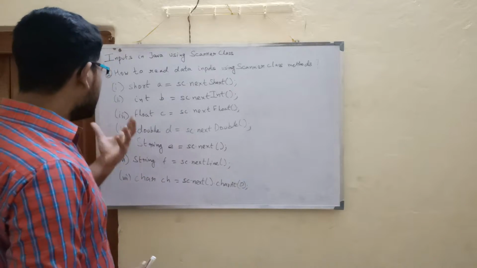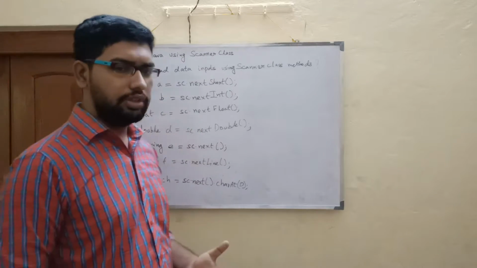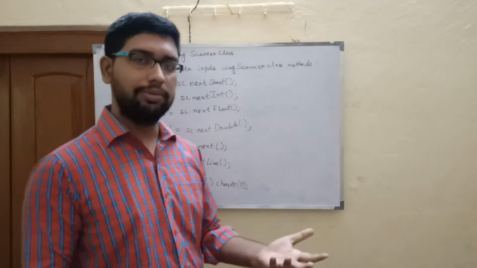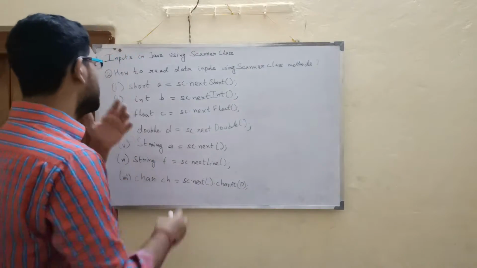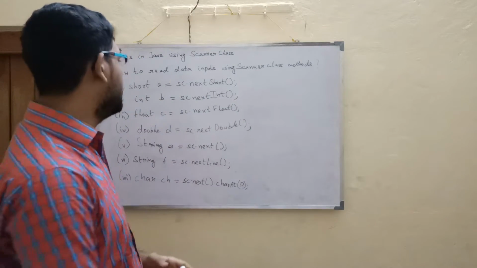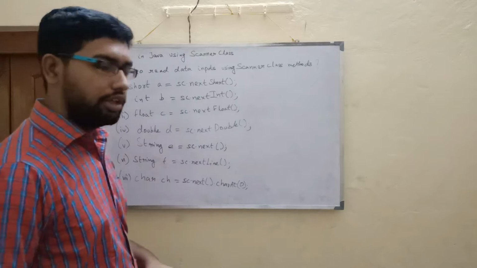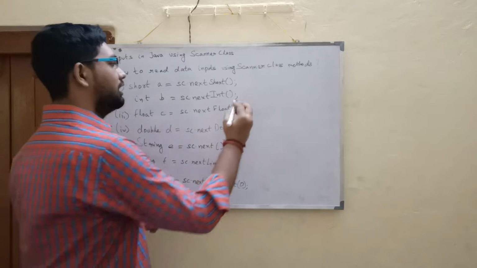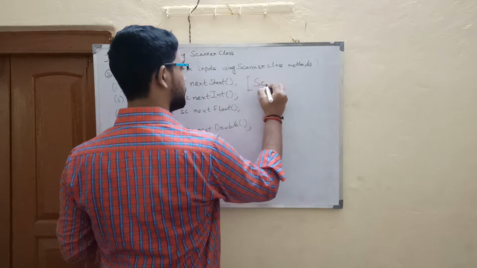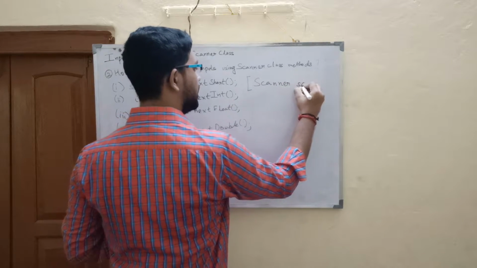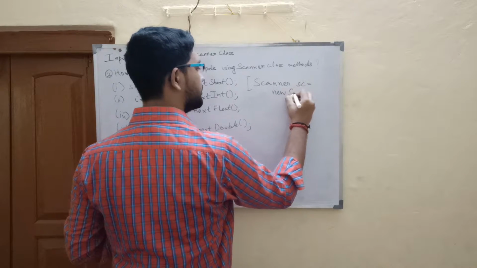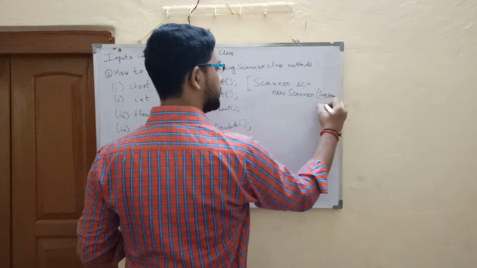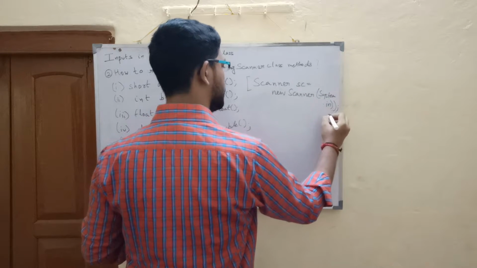Now we will see how to read inputs using the Scanner class. There are different methods for each data type to accept values. The first one is short, for which we write sc.nextShort. For all of the methods, you have to first write Scanner sc = new Scanner(System.in).